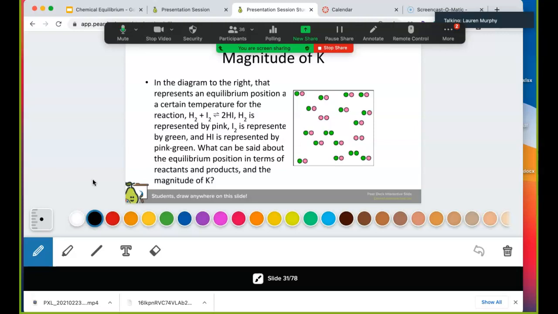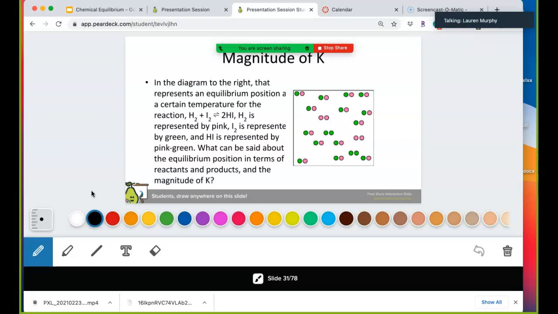So H2 is pink. So there's one. There's another one. So I have 2 of these guys. I2 is green. So here's one. Here's another. So there's 2 of those guys.